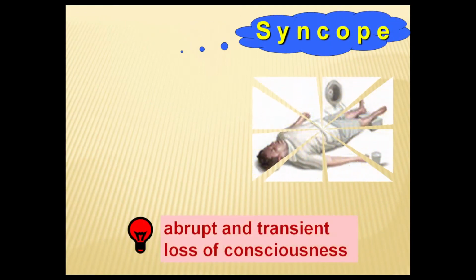And pay attention. Patient suddenly loses consciousness. It's the general characteristic of syncope, because on the exam you will obligatorily be asked: what do you understand about syncope, collapse or shock? Syncope is a sudden but transient loss of consciousness.